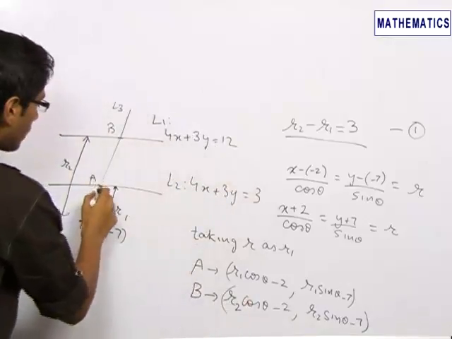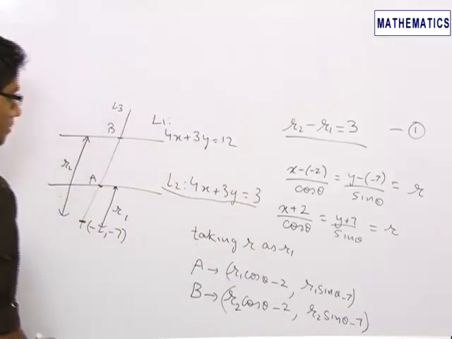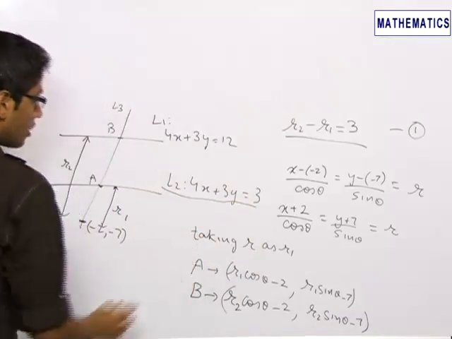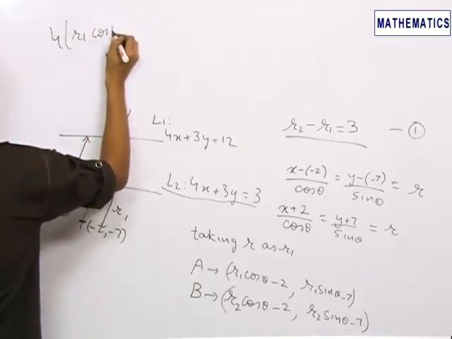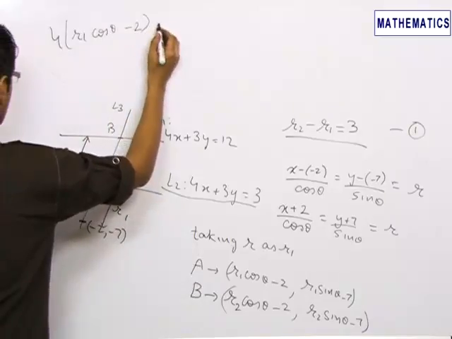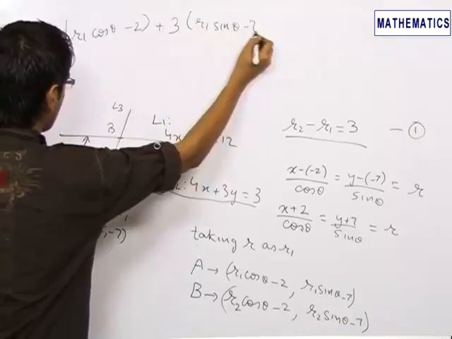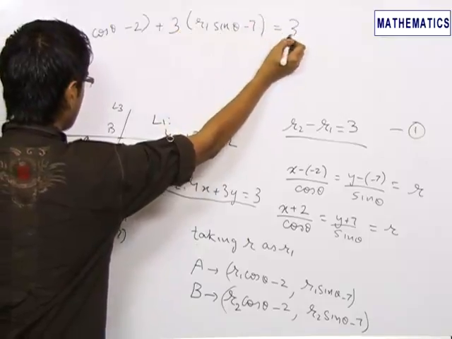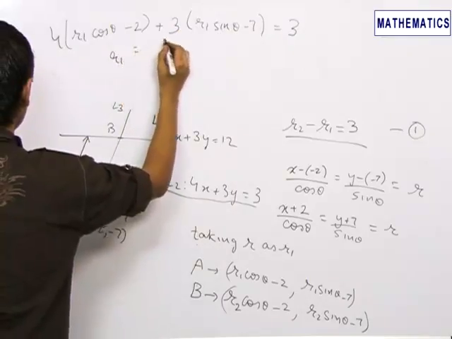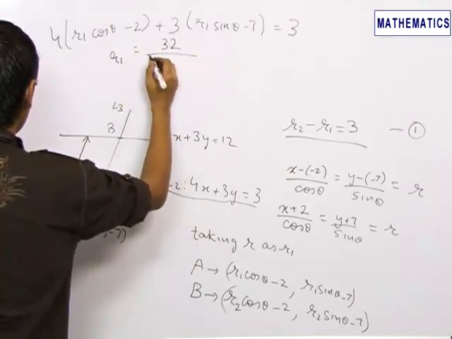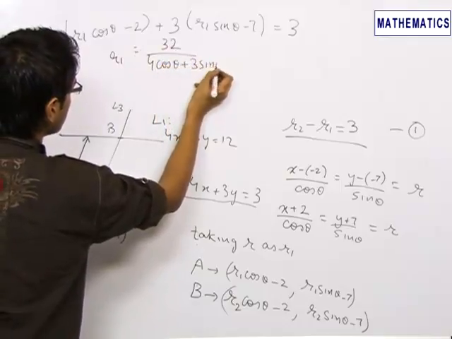Now we know that the point A satisfies the line L2, which is 4x + 3y = 9. So putting the coordinates of A in the line L2, we get 4(r1 cos theta - 2) + 3(r1 sin theta - 7) = 3, which gives us the value of r1 as 32 upon (4 cos theta + 3 sin theta).